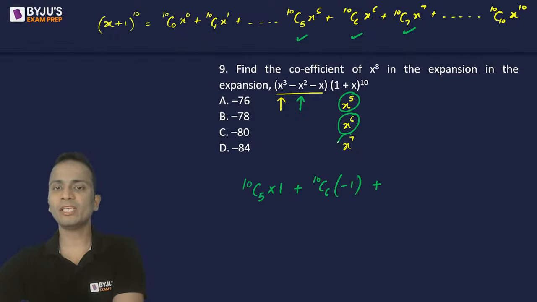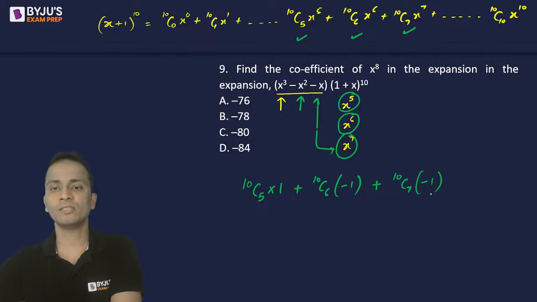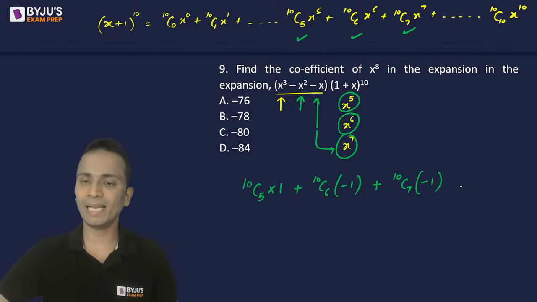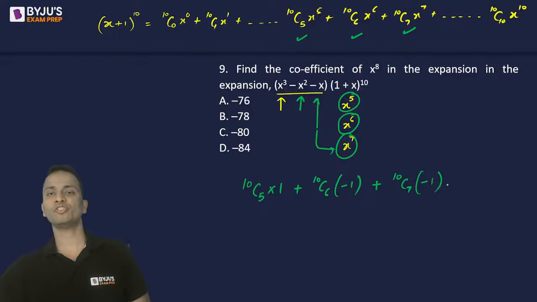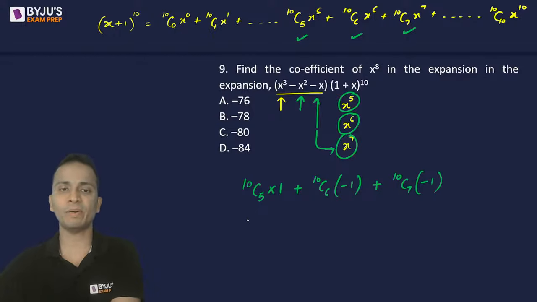Finally, from x raised to the power 7's coefficient and this one, the product of these two will generate another term which will have x raised to the power 8. So the coefficient of x raised to the power 7 is 10c7 and the coefficient of x is -1. So this will now be the net coefficient of x raised to the power 8 in this entire expansion.